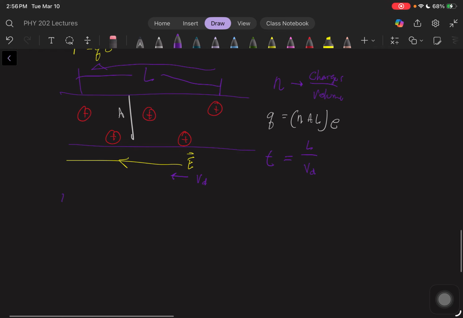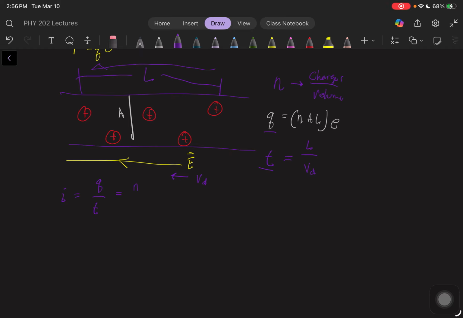Then we have our equation, I is equal to dq over dt, or delta q over delta t. We're just going to say it's equal to q over t, where q is the total charge and t is the total time. So what can we say about that?